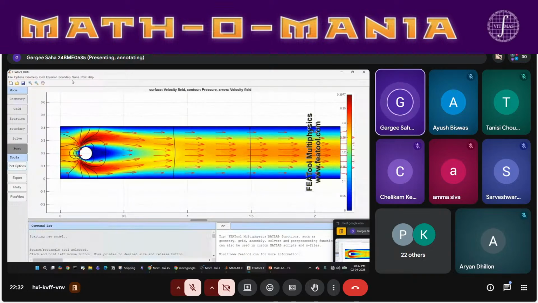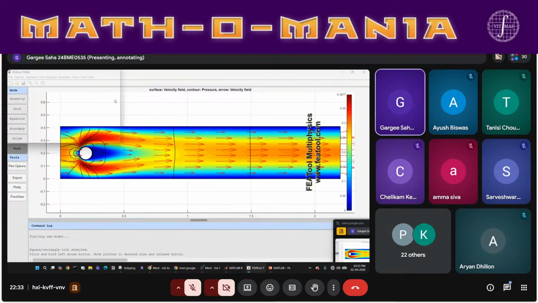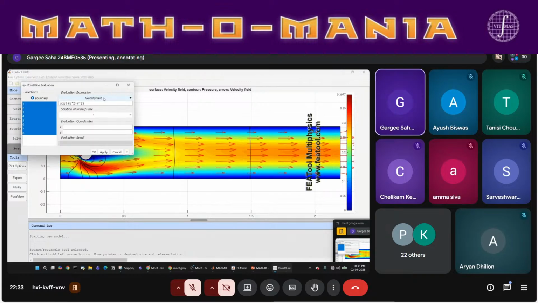Let us now start with the solution part of this demo, where we will start by comparing our results to the results that are already benchmarked. So let's first find the point line evaluation of pressure, where instead of the velocity field, we'll choose pressure at a certain defined point.